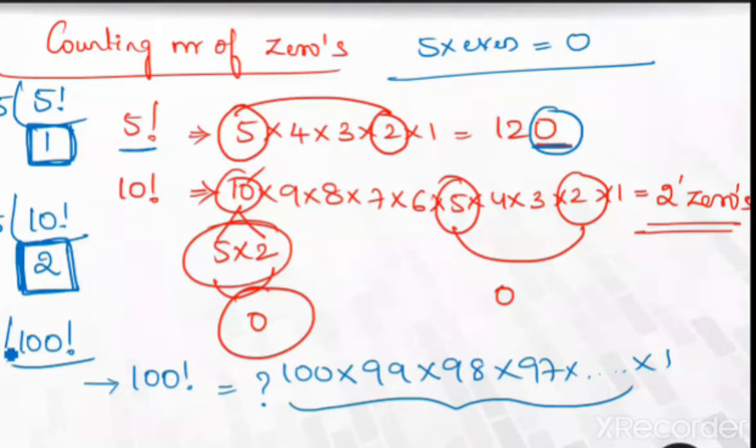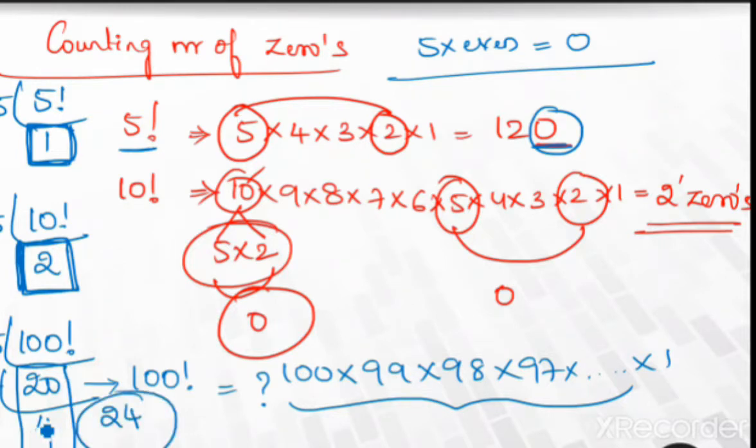How many zeros are there at the end? 100 divided by 5 is 20. Again, I can divide 20 by 5: 5 fours is 20. Again it's not possible, because 4 is less than 5. Now, 20 plus 4 gives 24. The total number of zeros in 100 factorial is 24. Answer is 24.